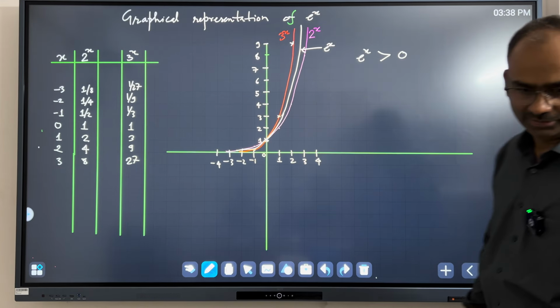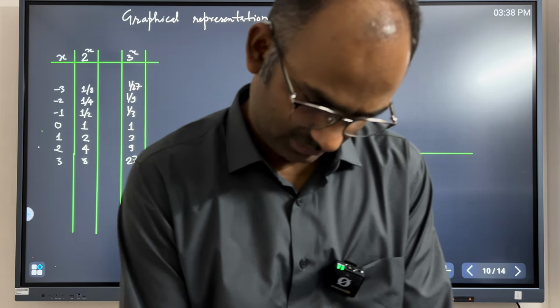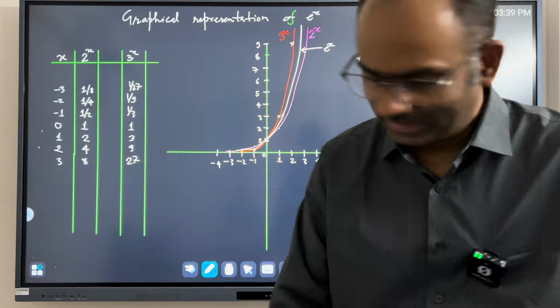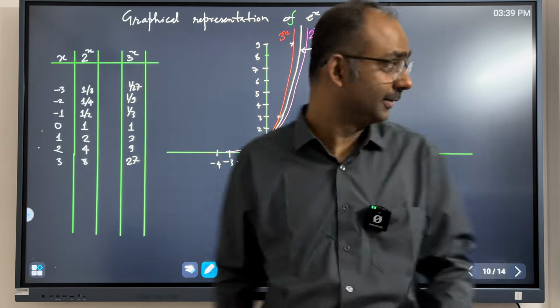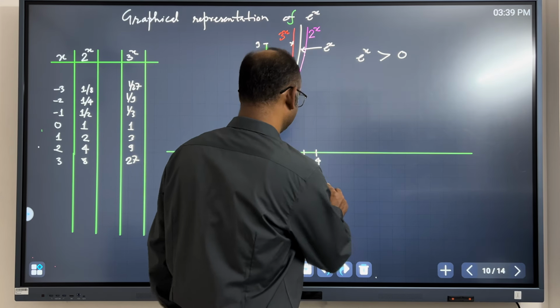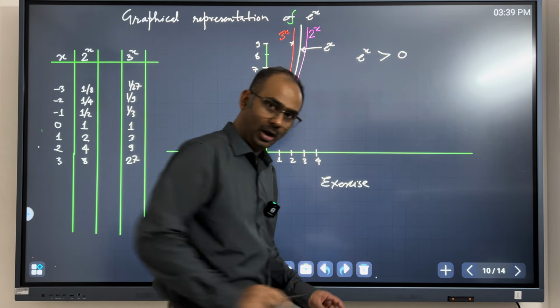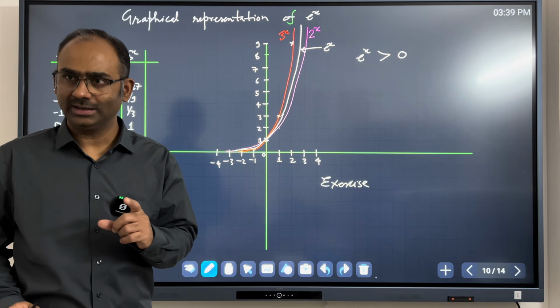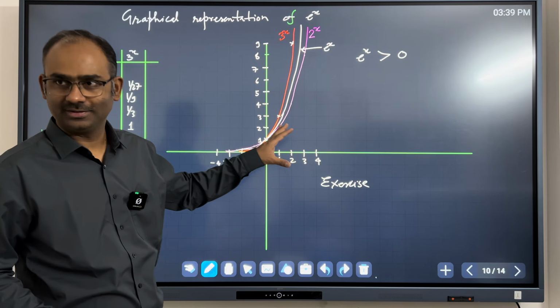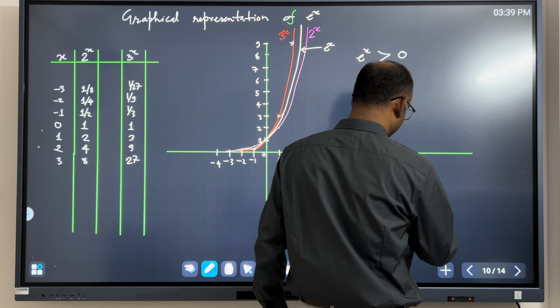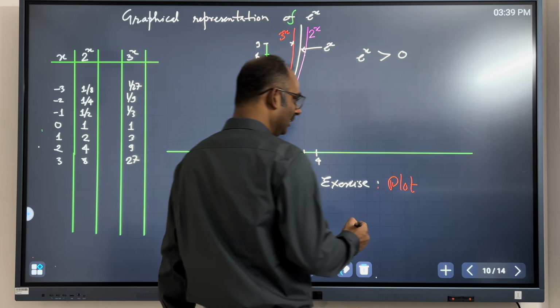Okay, so we have a bit ugly looking plots. Exercise, and make sure you do it. Plot 1 over 2 to the x on the same graph and 1 over 3 to the x.